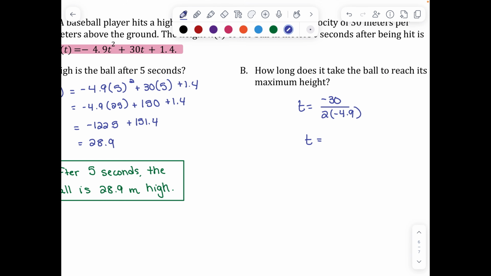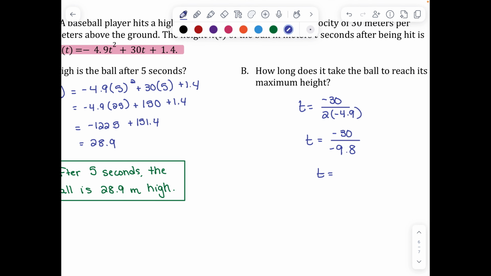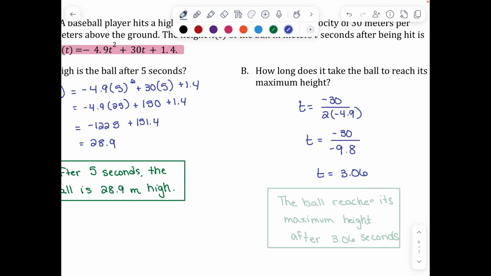So this ends up giving us t equals negative 30 over negative 9.8. So t equals 3.06 approximately. So what this means is that the ball reaches its maximum height after 3.06 seconds.